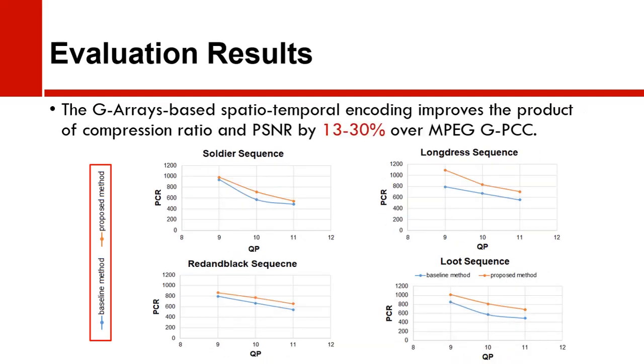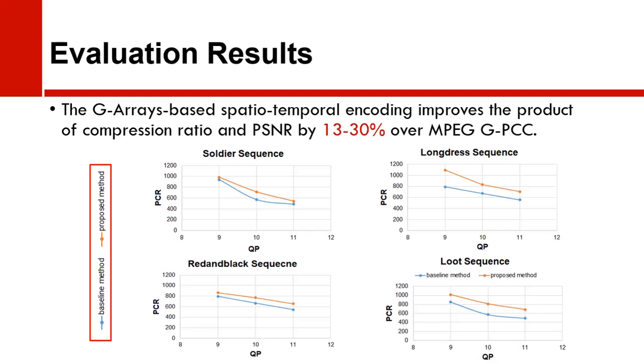To further evaluate the performance of the proposed temporal encoding, we consider a representative metric based on both quality and the compression ratio. The goal is to simultaneously increase compression ratio and quality. The new metric is defined as the product of the compression ratio and PSNR, called PCR.